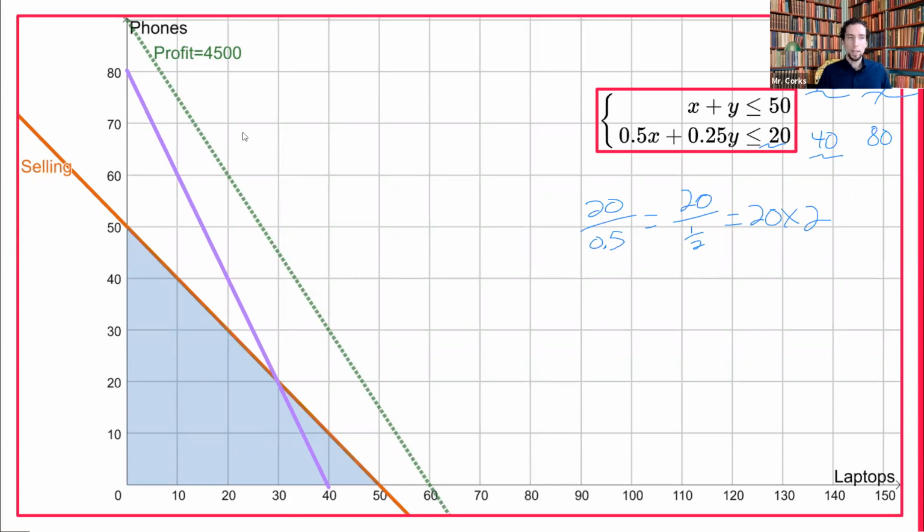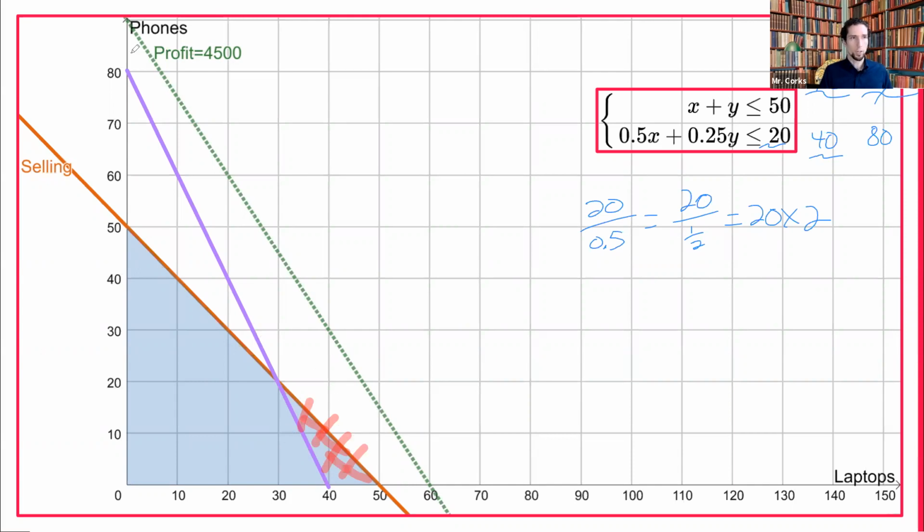Okay, so now we see our feasible region, and we are shading below this purple line here, like this, because it's a less than or equal. So basically what that means is our feasible region has now shrunk. We have to remove this whole red area here because it's under the orange line, but it's no longer under this purple line.